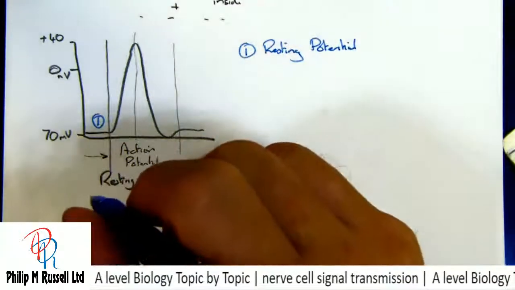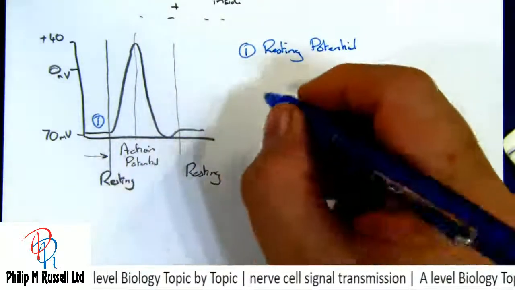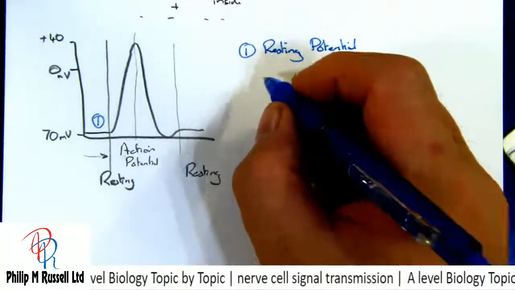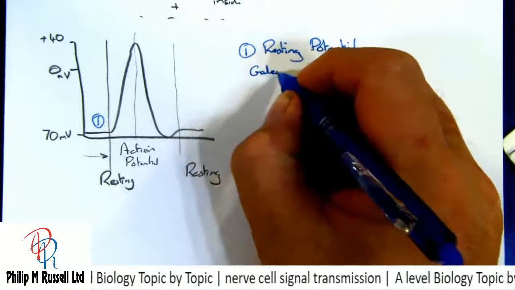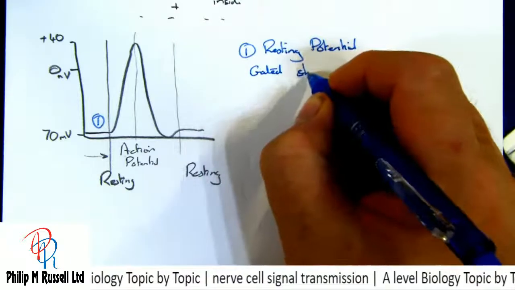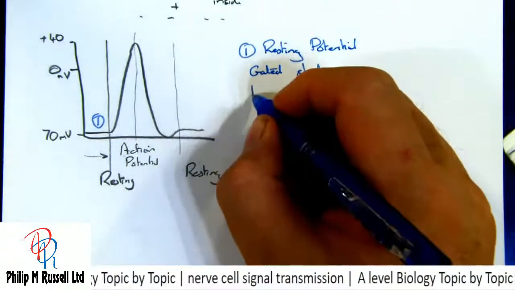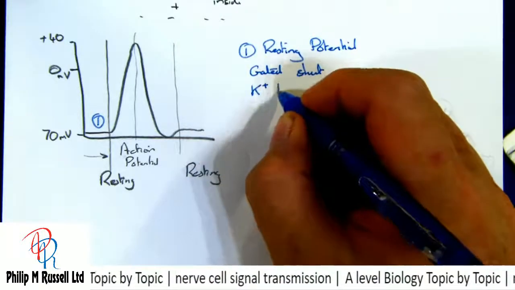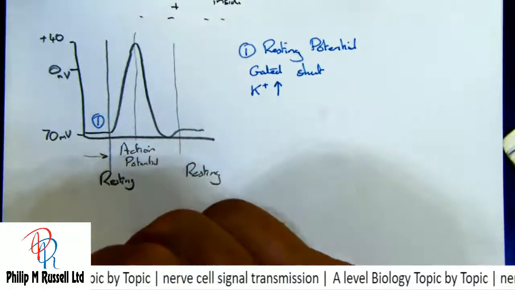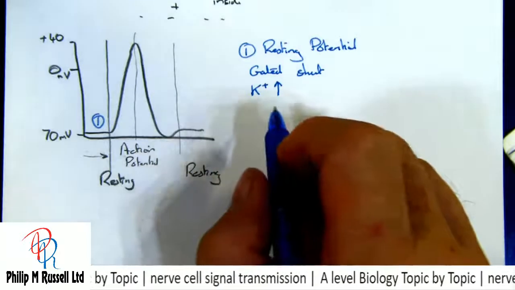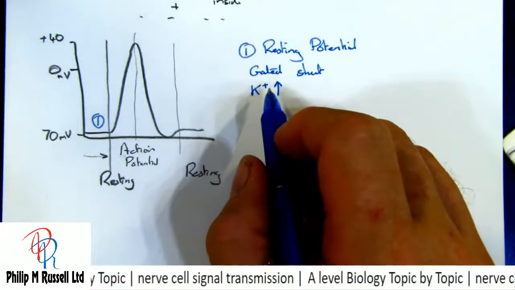We know that the gated channels are shut, but we've got the potassium ion channels open, allowing the potassium ions to move out.